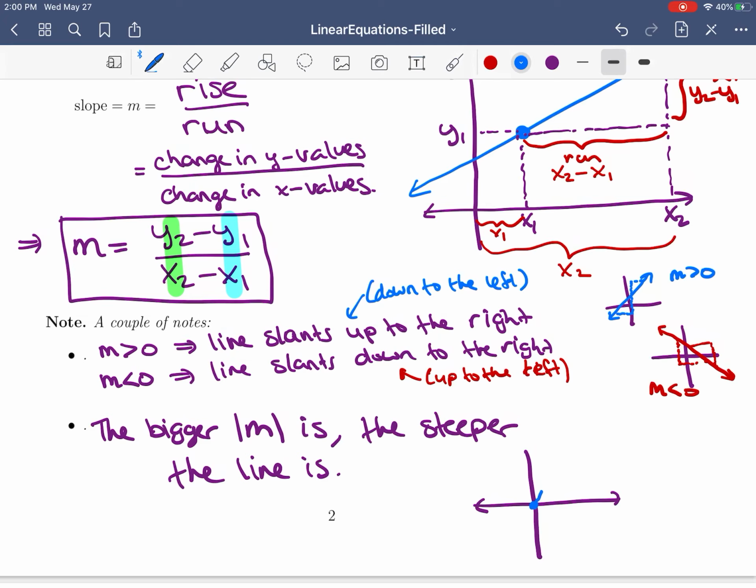I haven't done the axes, but this line might have slope 2, and then the line with slope 1/2 is going to be like that. So not as steep as the higher slope. But if it's negative, it's the same idea, but you have to use the absolute value because technically negative 2 is a smaller number than negative 1/2.